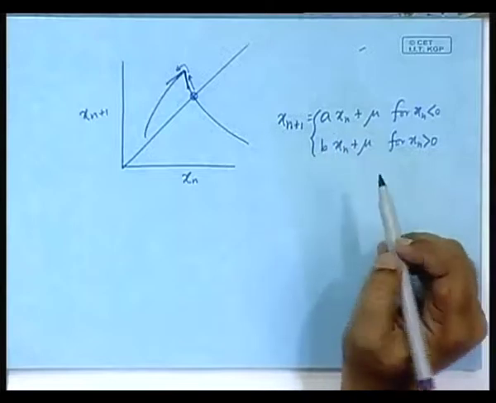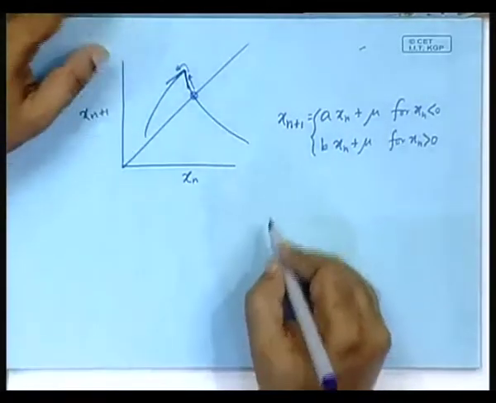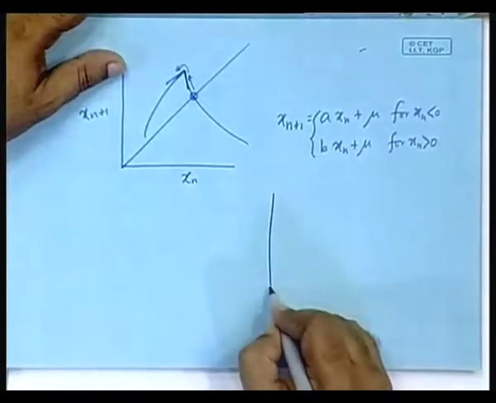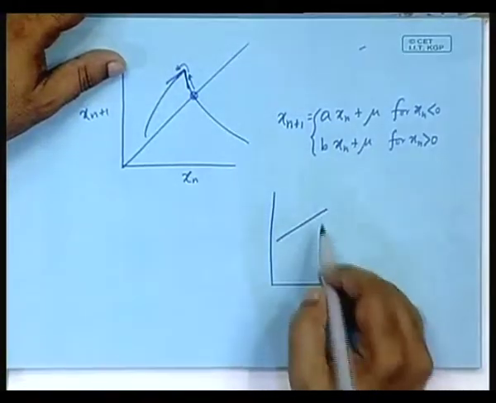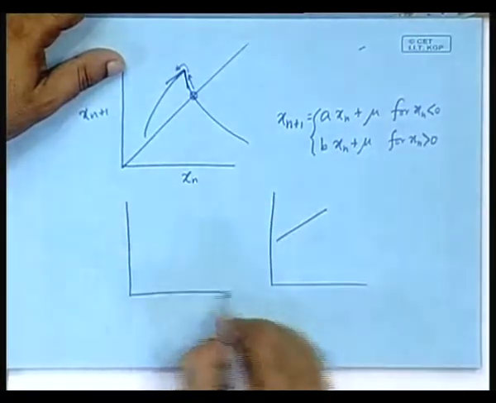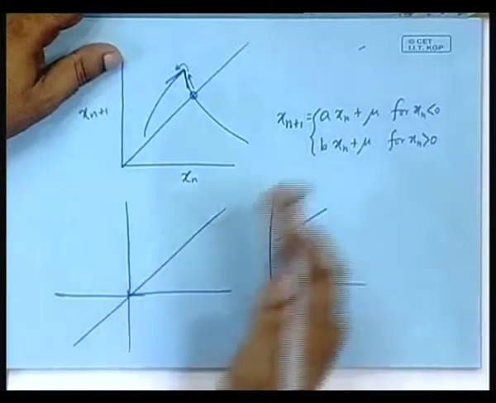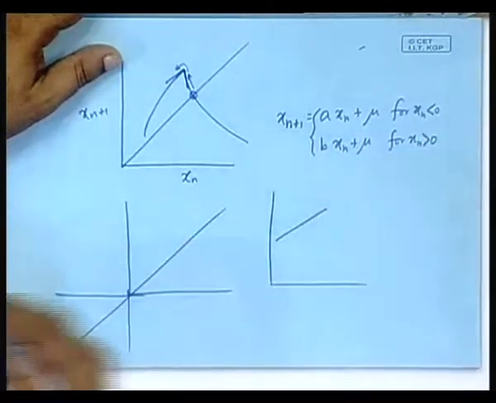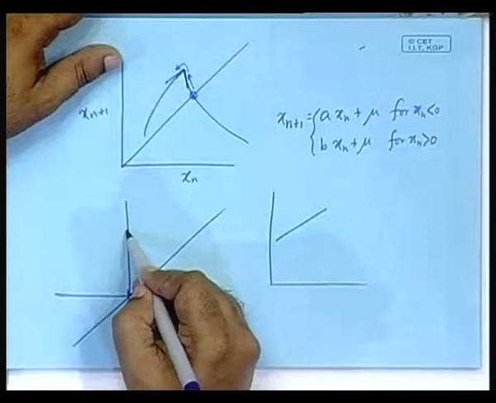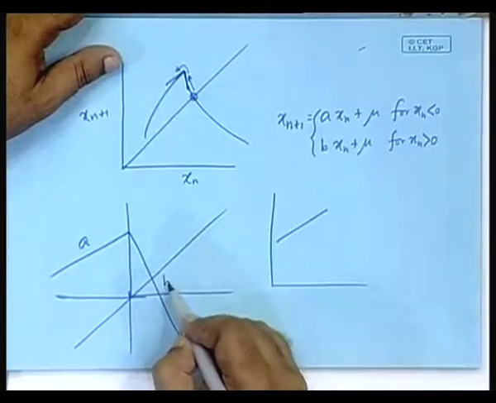As a result, a is the slope on the negative side, and the 45-degree line; a for x_n less than 0 represents this kind of a slope, and b represents this kind of a slope.